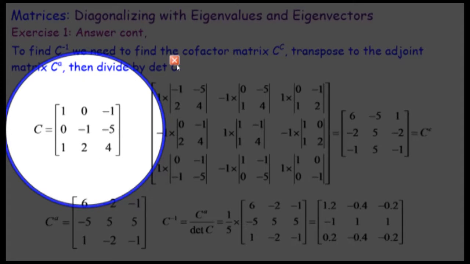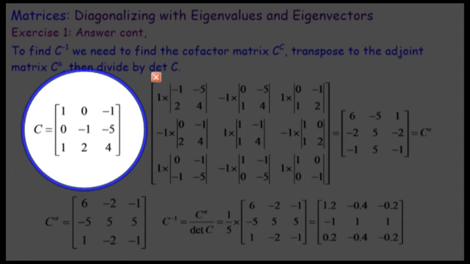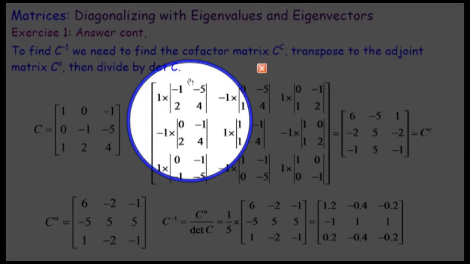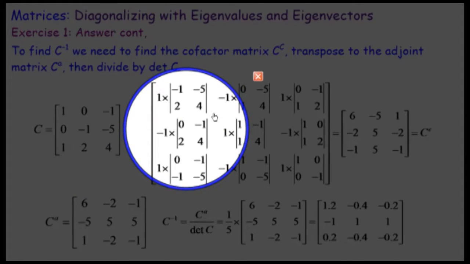Now, this can be a little bit confusing, because you're not actually using these numbers. Well, the cofactor is actually a determinant. I shouldn't say cofactor matrix. We form the matrix. It's a cofactor matrix. Each of the cofactors are in fact determinants, and it's a bit confusing.